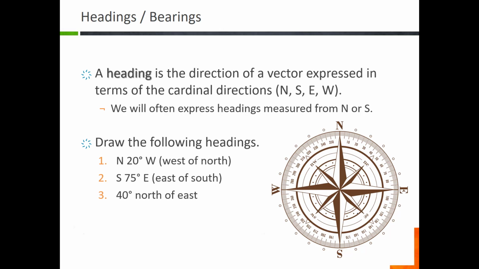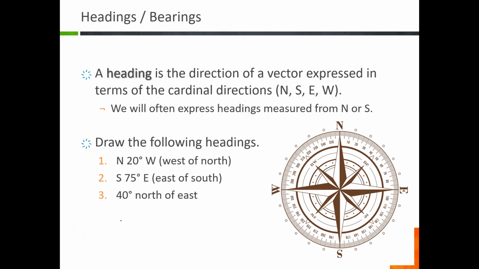Or maybe we have south 75 degrees east. That means you start south and turn 75 degrees towards the east. And a third one, which you might see in WebAssign, would be 40 degrees north of east. This is a little different because it's basing your direction off of the east. It's saying if you're east, you want to go 40 degrees north of that.